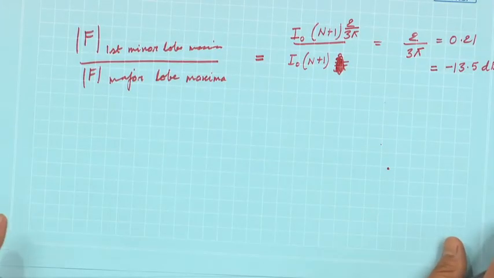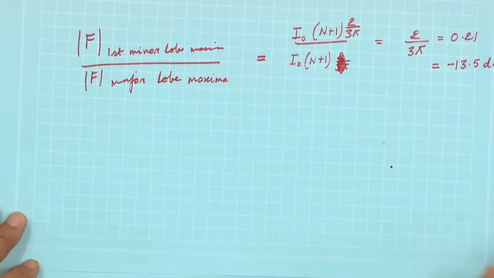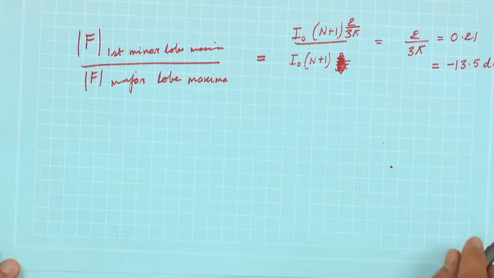But you should always remember that this is a law of nature, and this is independent of the number of elements in the linear array. Provided n is at least 8, which is typical, if n is greater than 8, then even if you go on adding more and more elements, you cannot put the side lobe down.